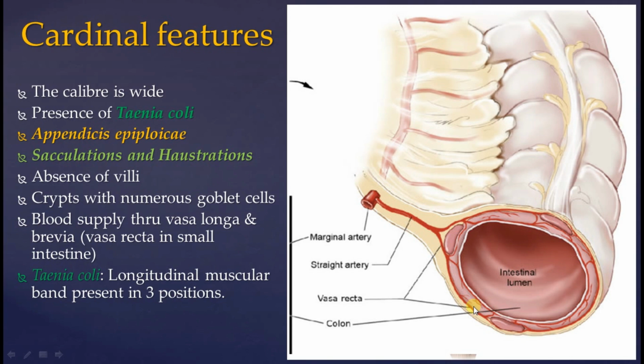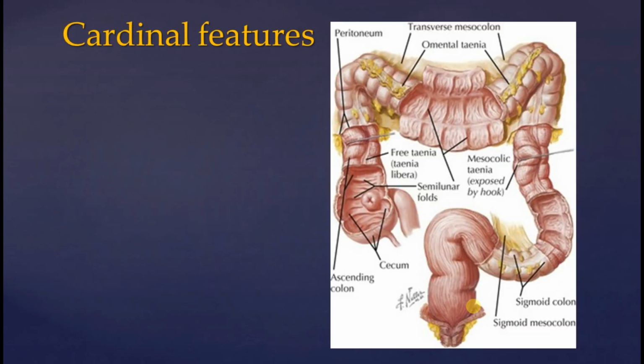Okay. Now, what are actually tinea coli? They are condensations of the longitudinal muscle. You know the structure of the gut wall consists of mucosa, submucosa, muscularis externa, and the outermost covering, the serosa. The muscularis externa has an inner circular layer and an outer longitudinal layer.